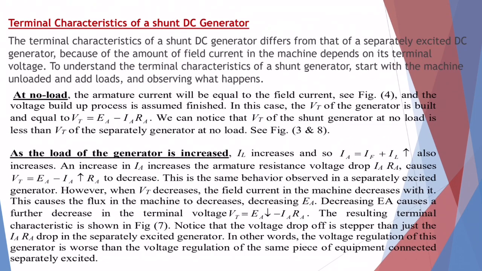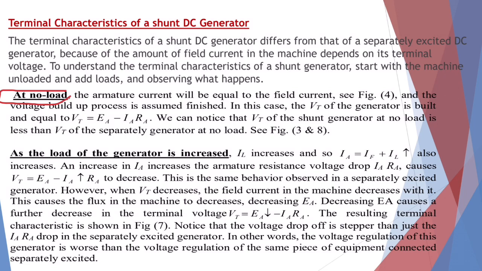Terminal characteristics of a shunt DC generator. The terminal characteristics of a shunt DC generator differ from the separately excited DC generator because the amount of field current in the machine depends on its terminal voltage. So at no load, the armature current will be equal to the field current and the voltage build-up process is assumed finished.